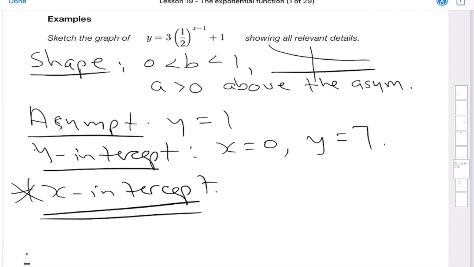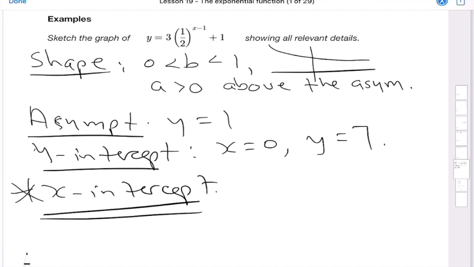Now, when it comes to the x-intercept, you can work it out by putting y is equal to 0. But you will discover at some point that if you let y is equal to 0, you don't find a corresponding value of x. There is actually no x-intercept for this graph. Try that and see what you get.